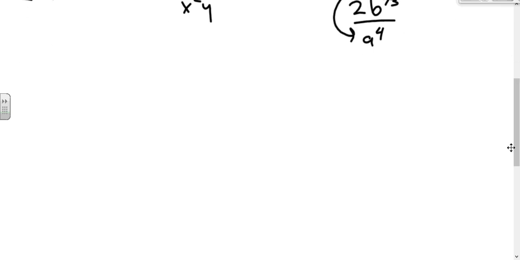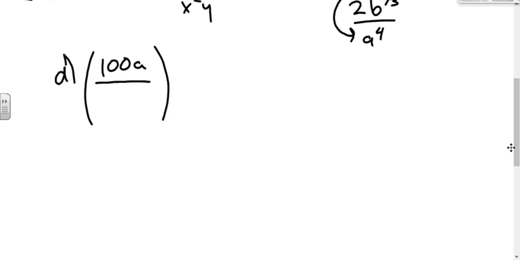And last one, we are going to do D right here. So it is 100a all over 25a to the 5, b to the negative 1/2, all to the 1/2. So I'm going to do everything inside the brackets first, and then I'm going to apply this guy in.